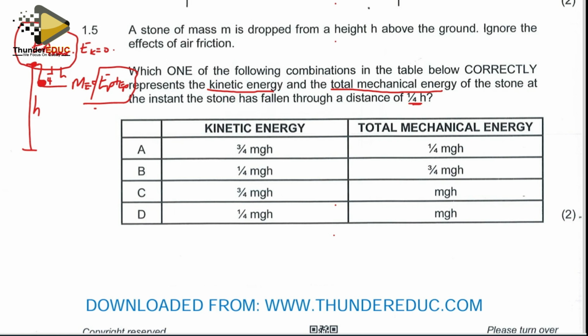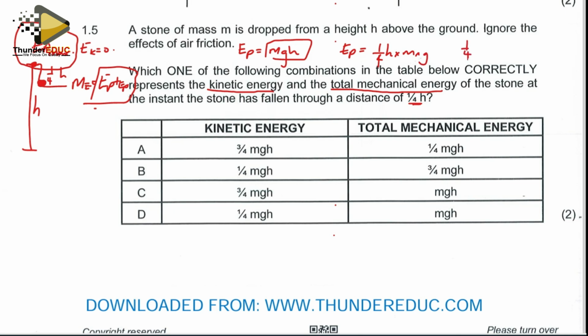So let's get our EP max at a point h. Okay, know that EP is mass, gravitation, and the height. So you're going to keep it this way since we don't have any values. Then at a point, a quarter h, our EP is going to be a quarter h multiplied by the mass multiplied by the gravitation.